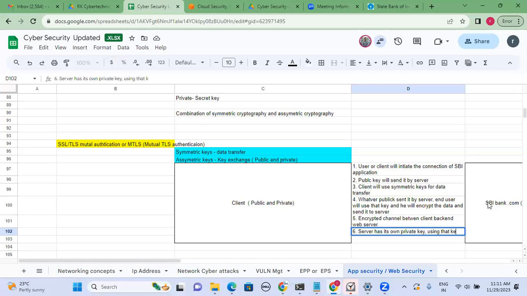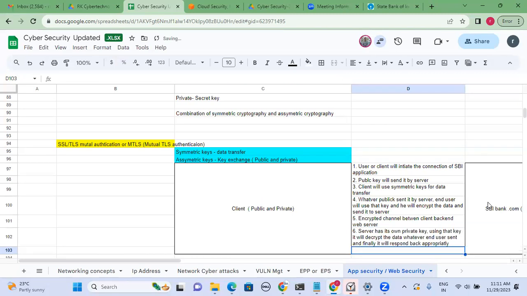Using that key, it will decrypt the data the end user sent, and finally respond back appropriately. This is overall how the TLS authentication mechanism happens. Between client and server, keys are exchanged and negotiations happen.